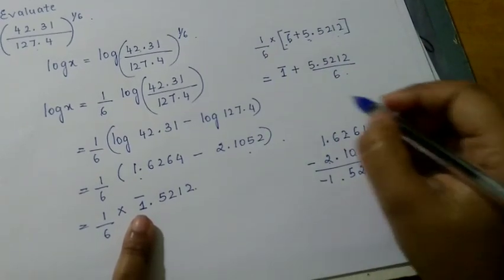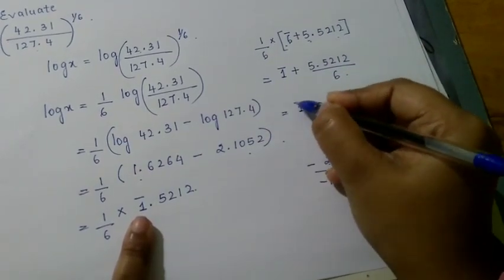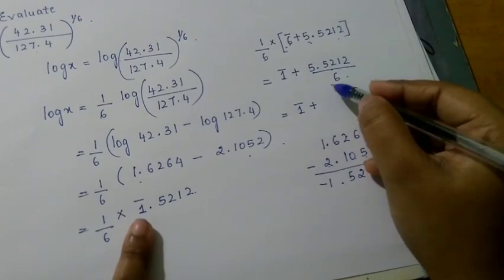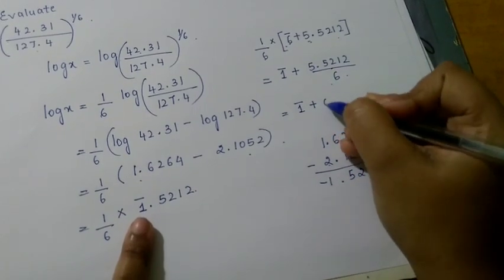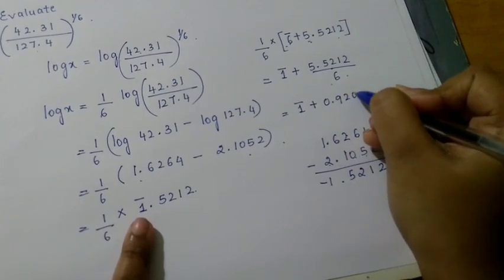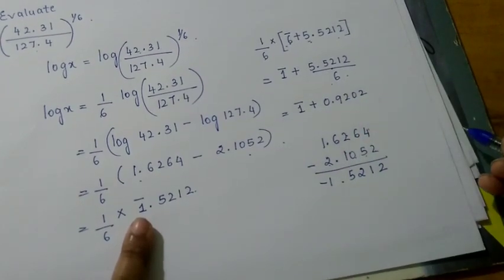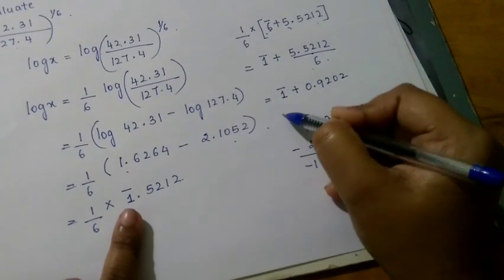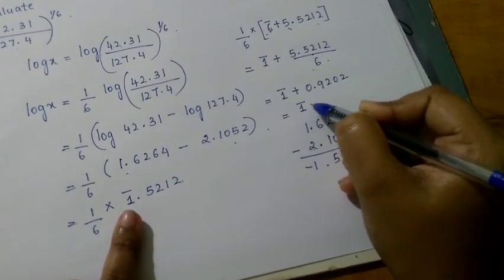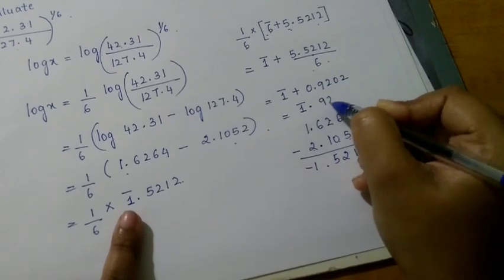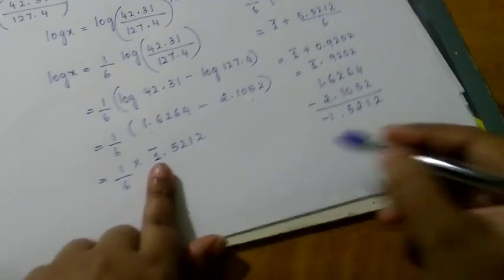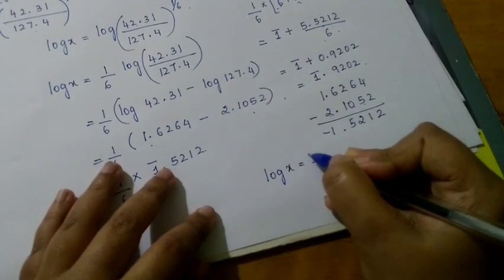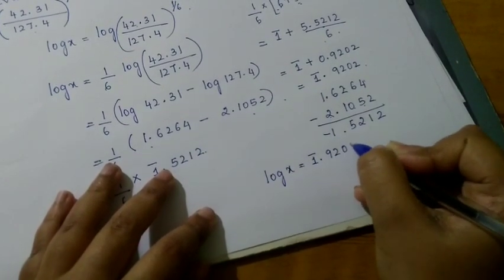So this will be 1 bar plus 5.5212 divided by 6. If you do, you get 0.9202. Okay, you can divide and see it using your calculators. You get 1 bar 0.9202. So log x value is equal to 1 bar 0.9202.